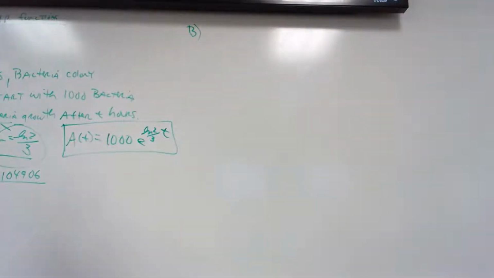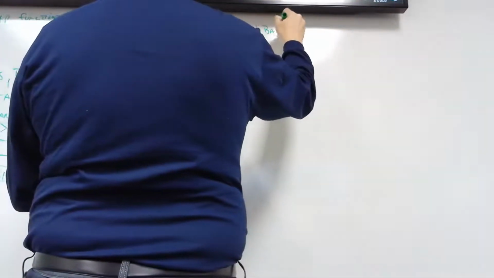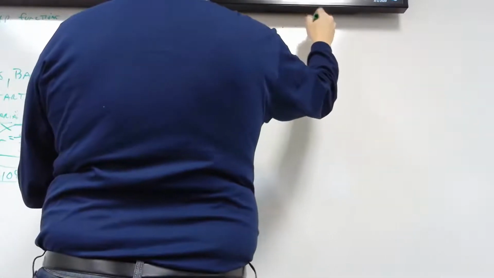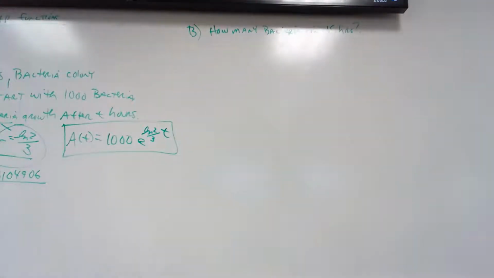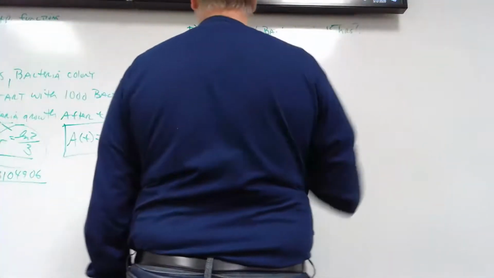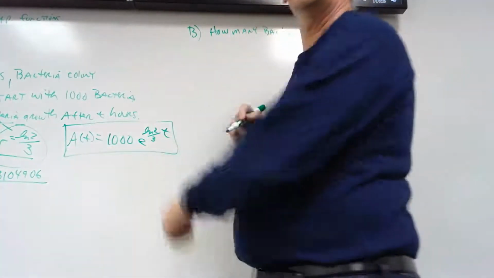All right, part B says, how many bacteria in 15 hours? So how would you do that one, Jeffrey? So you plug in 15 for T in our new formula that we just created. Okay, so tell me what to write.